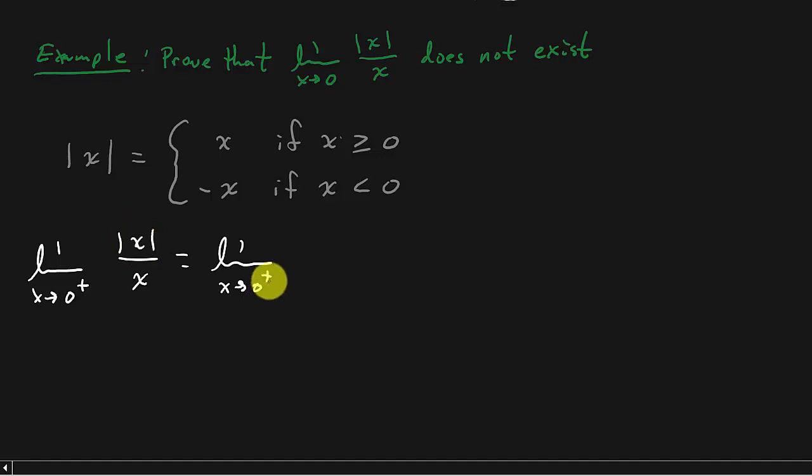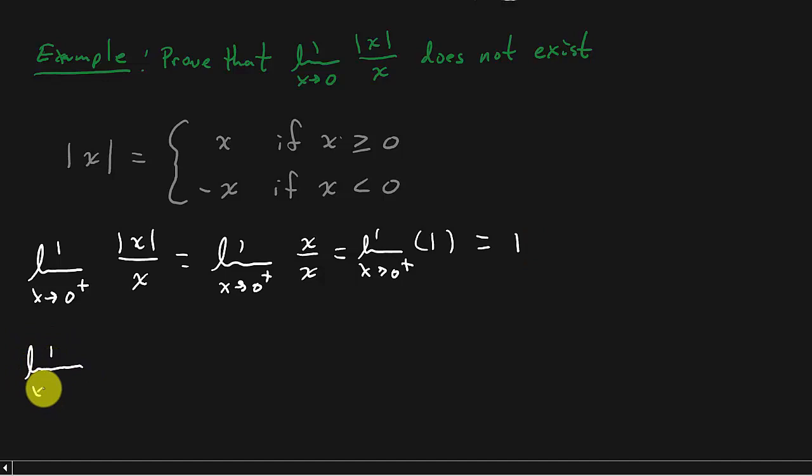Well, x is positive, right? And what happens when x is positive? It equals x. So that's x over x. So this is the limit as x goes to 0 from the right. x over x is just 1. And remember, whenever you take the limit of a constant, that's going to be that constant. So that equals 1.